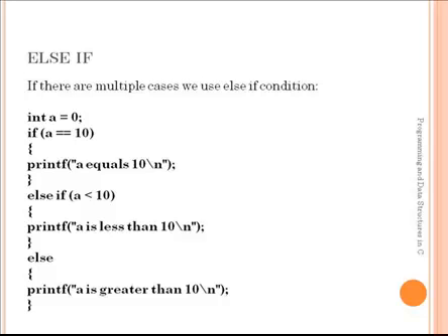This condition is false, so the control goes to the else if statement. There we check A less than 10. We check whether 0 is less than 10. This condition is true, so the statements following this condition will be executed. That is, A is less than 10.